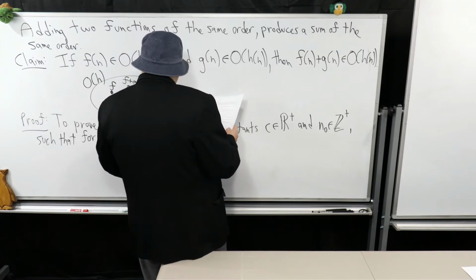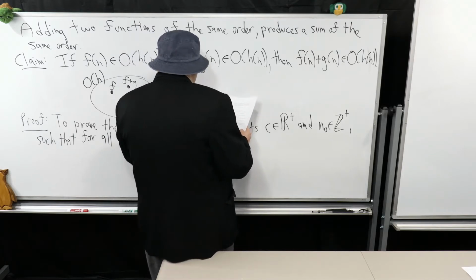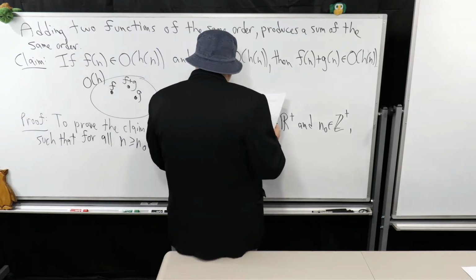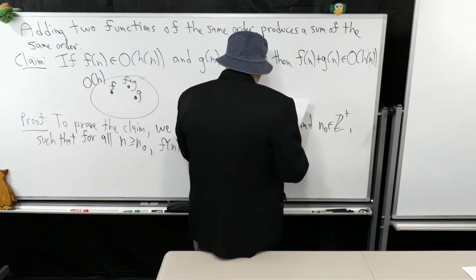We need to prove that F of n plus G of n is less than or equal to C times H of n.